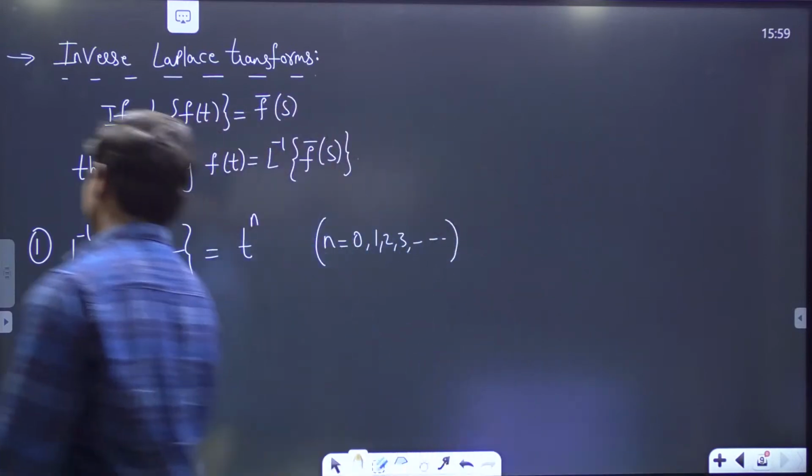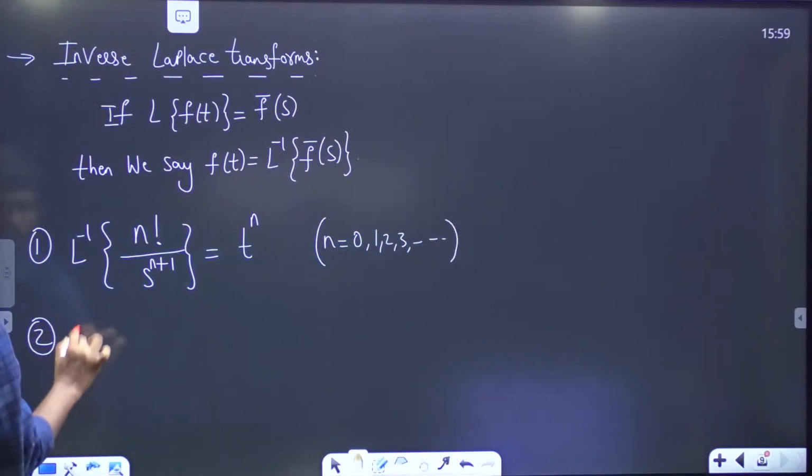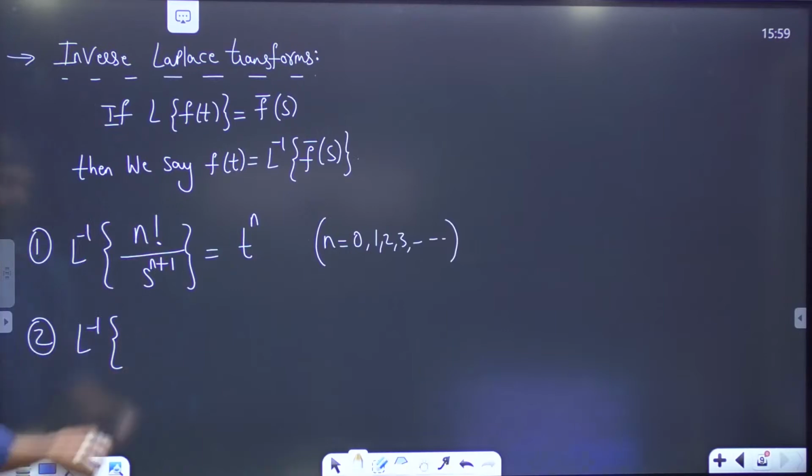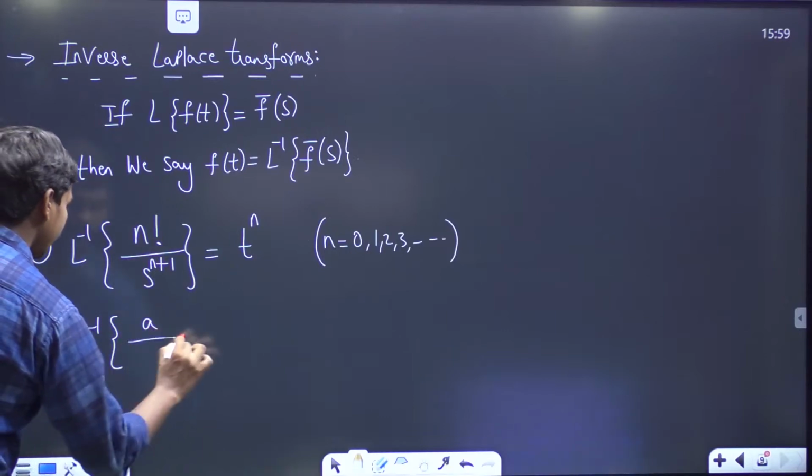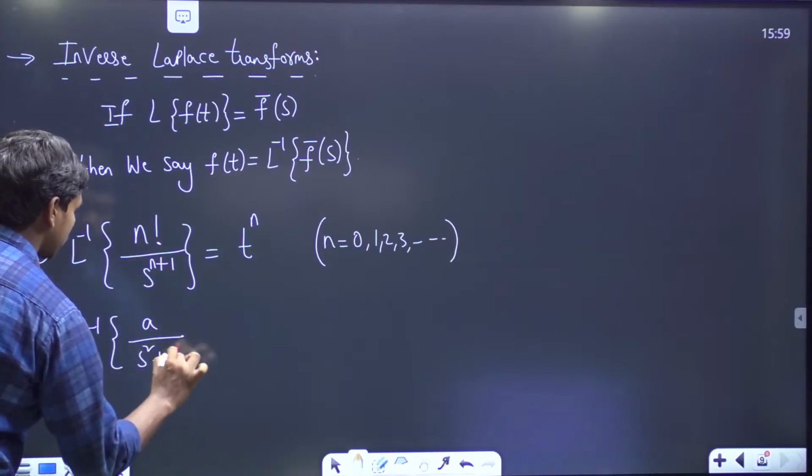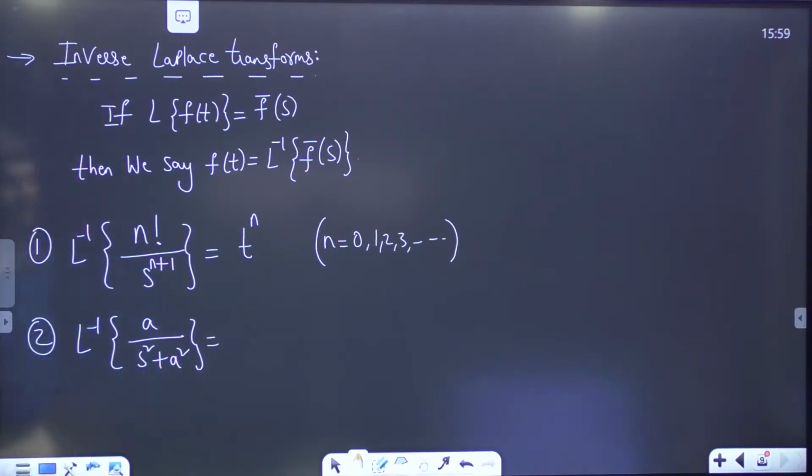Similarly, Laplace inverse of a by s square plus a square. What could be the answer for this? All of you: sin at. Next, Laplace inverse of s by s square plus a square.